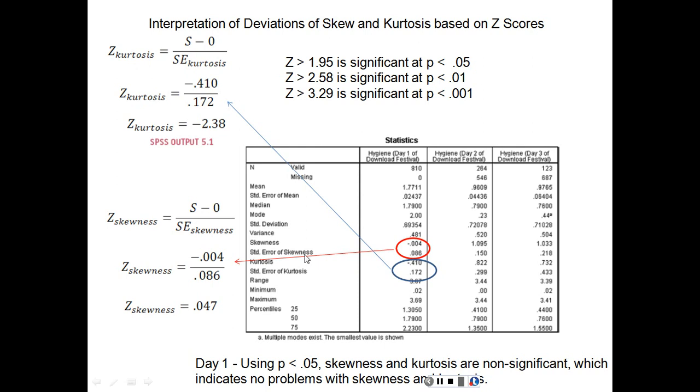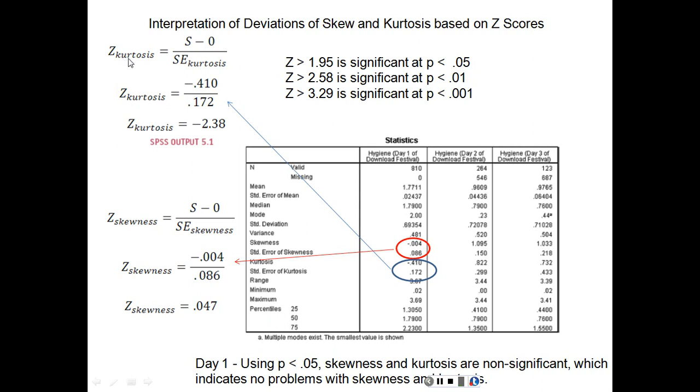So please do not make the mistake of saying, oh, skewness negative 0.004, that is my answer. No, that is not the answer. You're going to have to plug this into a formula. This is actually found on page 184. I'm just pulling these formulas and this table from page 184.